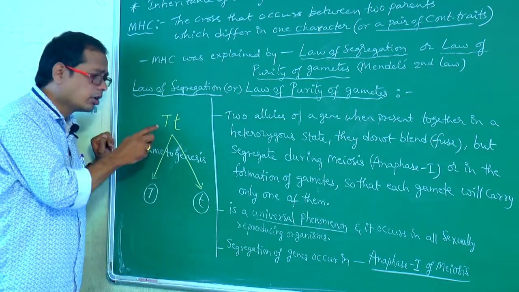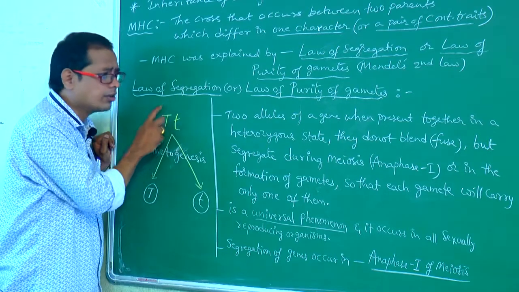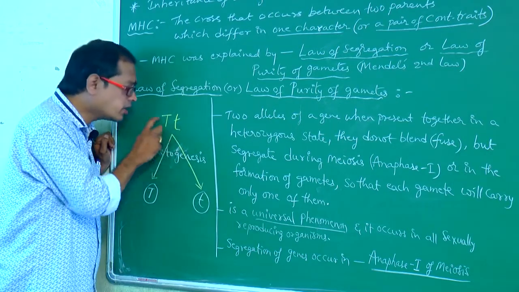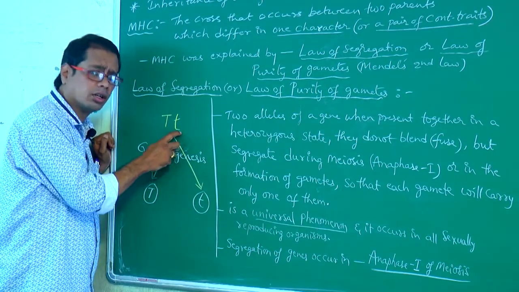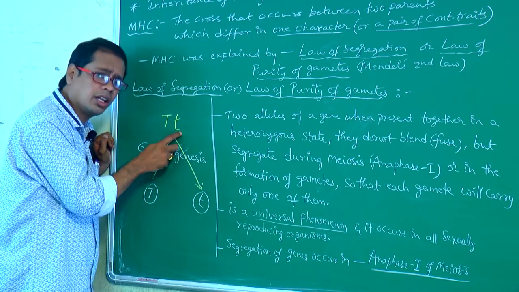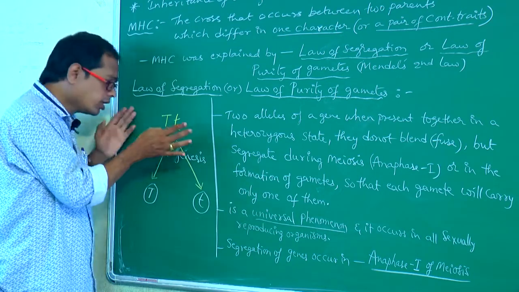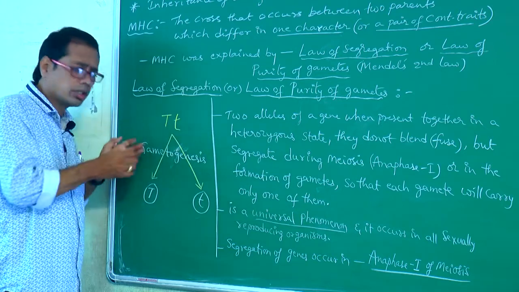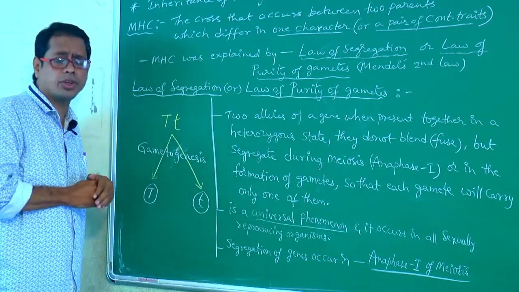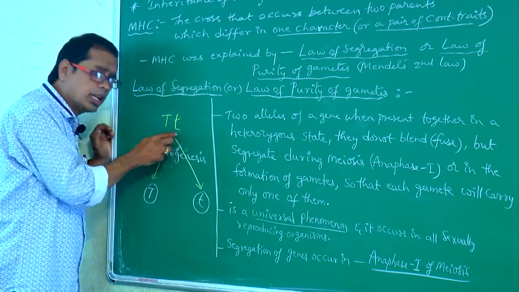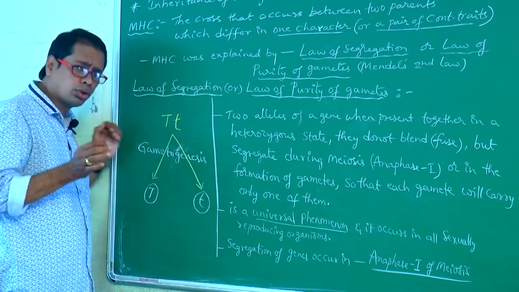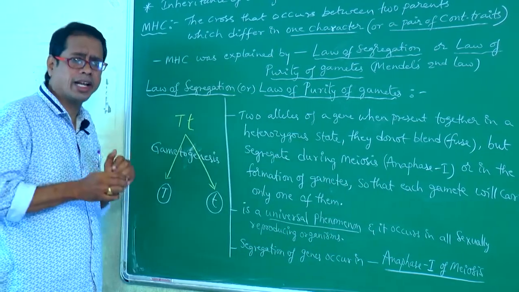That means two alleles of a gene, are in heterozygous state. They do not fuse, they do not blend. Blend means fuse. These two alleles do not fuse, do not mix, do not blend.